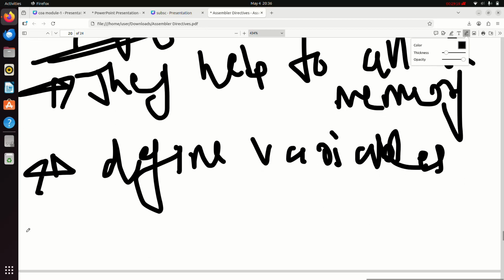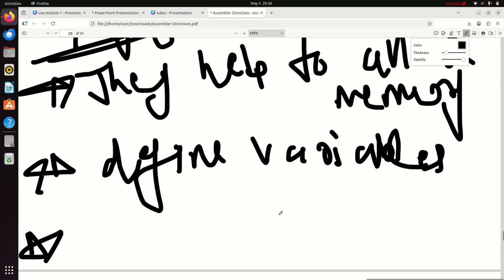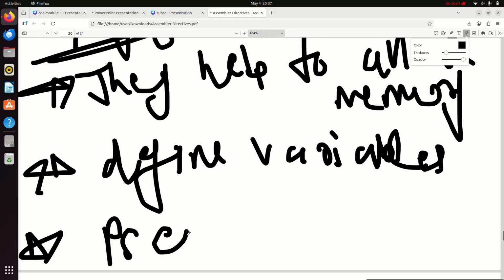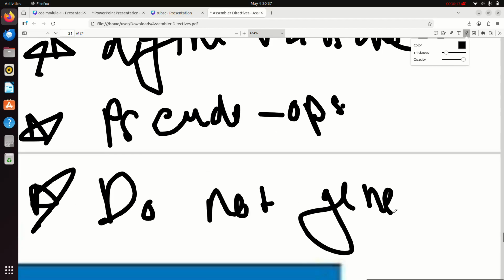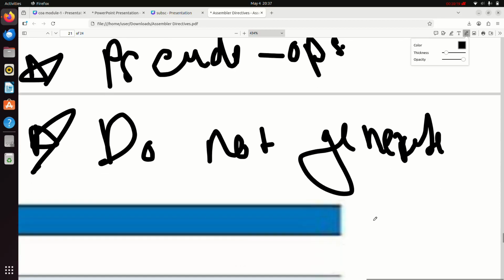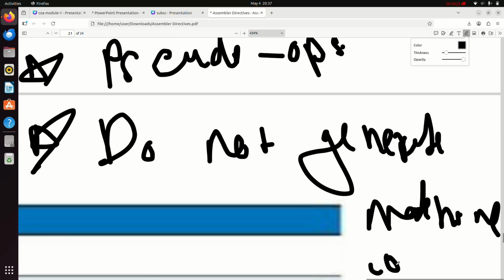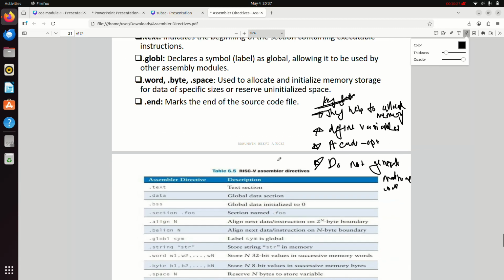The third point is that they are called pseudo ops, and they do not generate machine code. These are the important things I want you to remember about assembler directives.